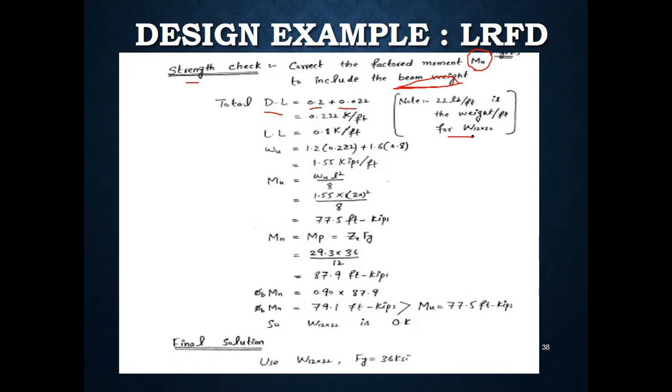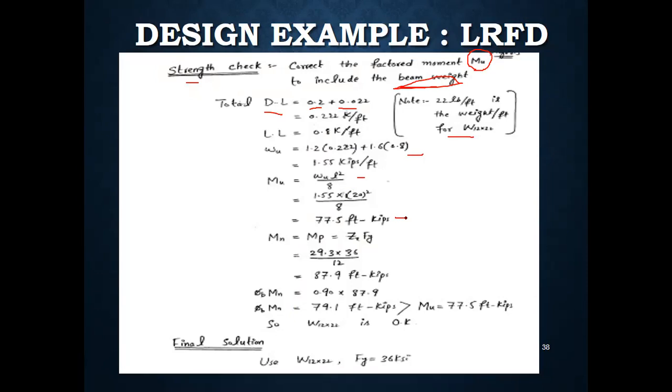It adds up and the resultant total dead load becomes 0.222 kips per foot, and the live load remains the same. We are going to use the same expression for the ultimate load, that is 1.2 times dead load plus 1.6 times live load, and we find the ultimate moment using the expression wL squared by 8. This value comes out to be 77.5 kip-feet.